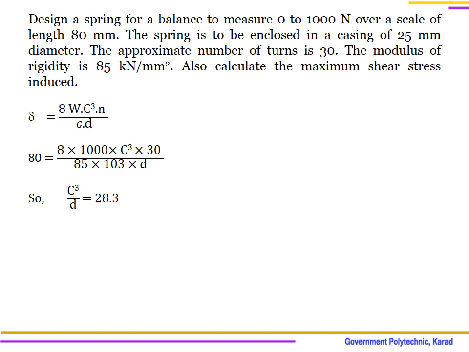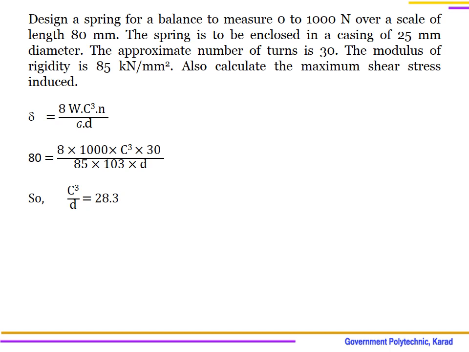So what is the range? 0 to 1000 Newton. For 0, the tension spring will show 0 deflection, and as the tensile force on the spring of the spring balance increases, slowly the deflection will increase, and for 1000 Newton there will be a deflection of 80 millimeter. That we are supposed to understand from this problem.